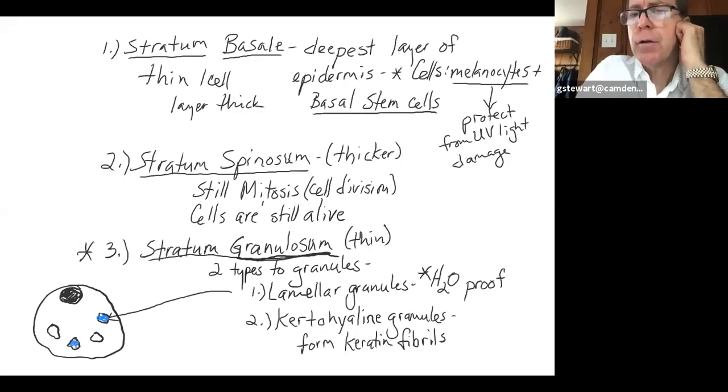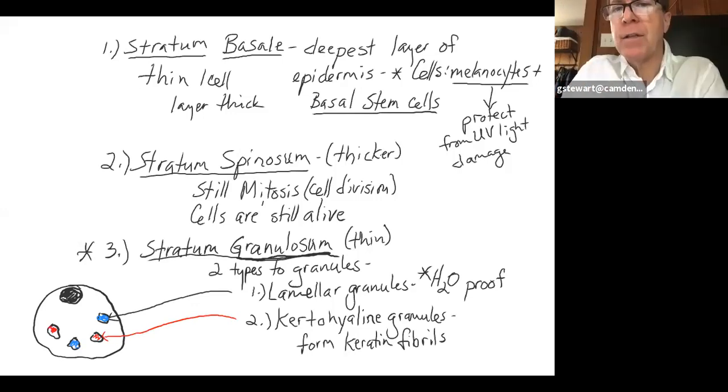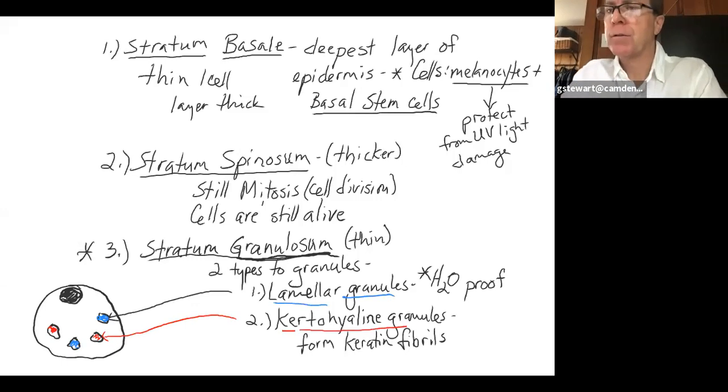And then there's other granule types in the cells that help give our skin its toughness. So there's just these hard things, these functional organelles that both waterproof our skin, in the case of these, and also form keratin fibrils that give our skin its toughness, which are these types of granules.